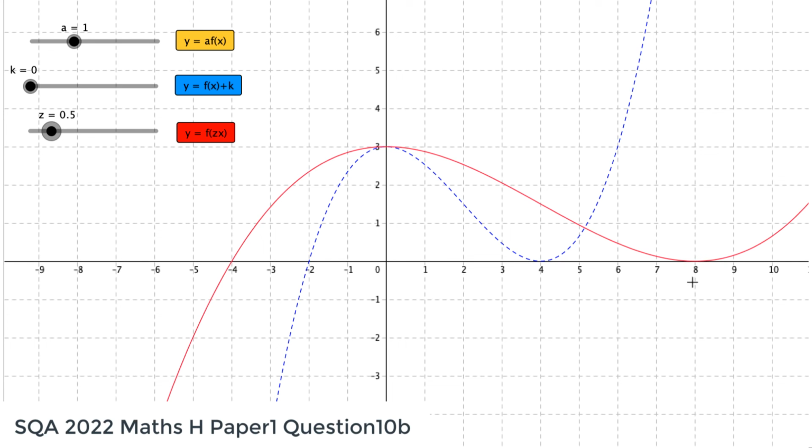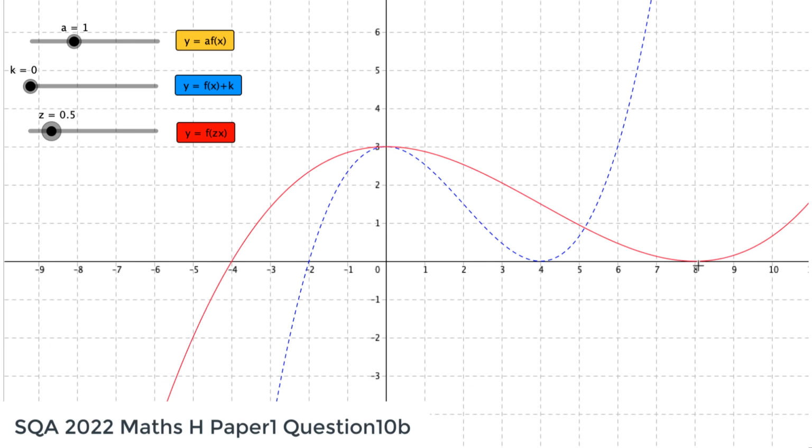So now when x is 8, because we're multiplying this x value by a half, where we've got an 8 going in place of x, a half of 8 is 4, so we've got f of 4. So the graph out here, the new graph, is behaving like the old graph behaved at half its value.